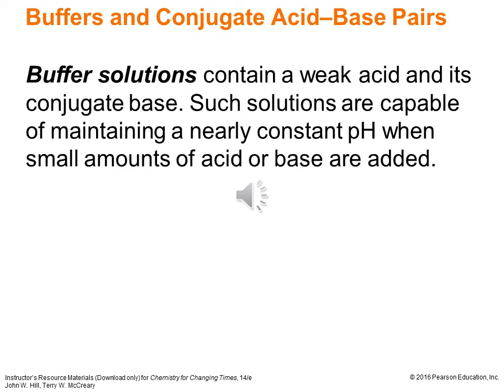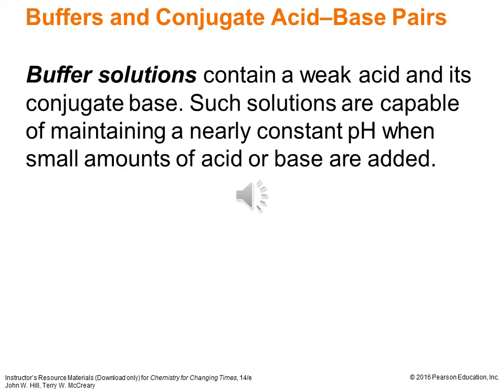So when small amounts of acid or base are added, the acid will react with the conjugate base to make more of that weak acid instead of decreasing the pH like you might expect when you add acid to a substance. It'll decrease it slightly, but not like in pure water. Likewise, if you added some base, the base would react with the weak acid and form more conjugate base.